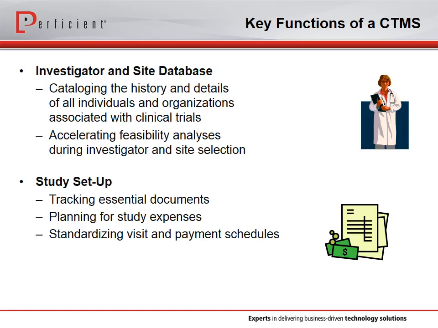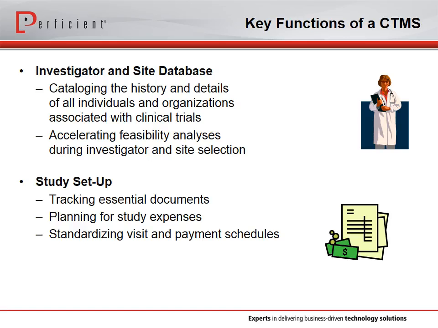In addition to investigators and hospitals or clinics, your contact and account database also allows you to track information about any person or organization that you may interact with on a clinical trial, such as lab technicians, pharmacists, vendor resources like vendor contract officers, and shipping and printing vendors as organizations, and even CROs that you use as organizations.